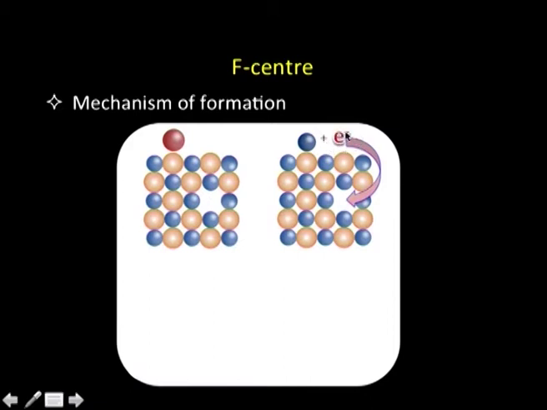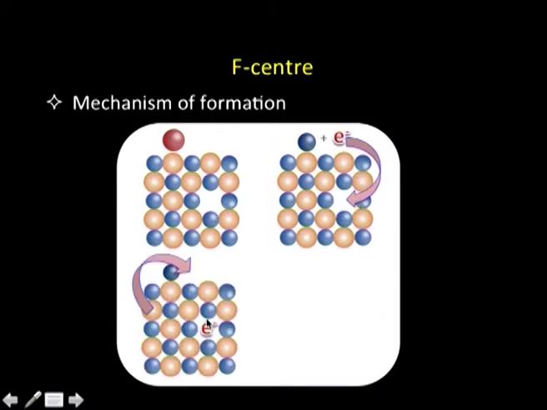Then this free electron moves along the crystal and gets into an anion vacancy. So we have an electron trapped in an anion vacancy, but simultaneously there is an anion elsewhere.